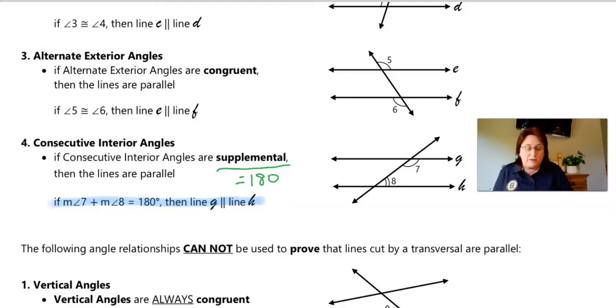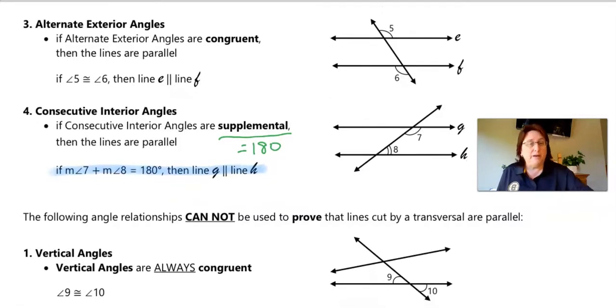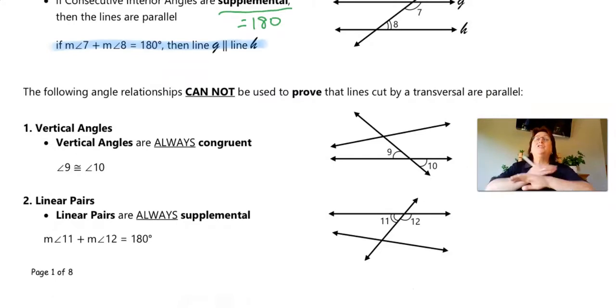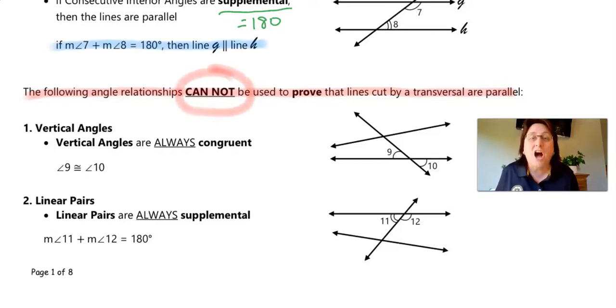Now let me move down and take a look at the ones that you cannot use to prove that lines are parallel. The following angle relationships cannot be used to prove that lines are parallel. Vertical angles.